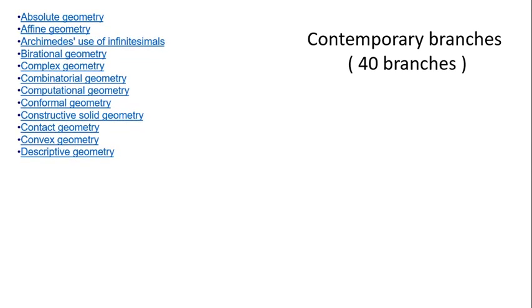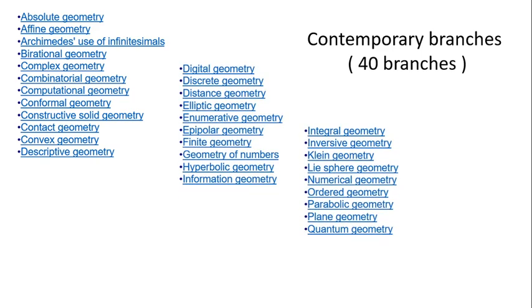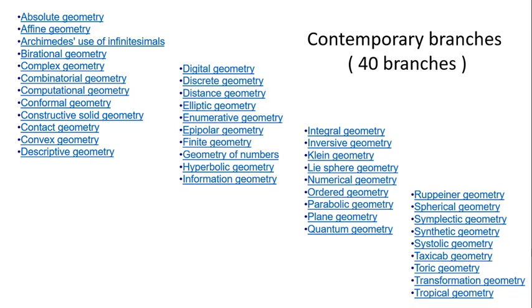So here is a very big list arranged in alphabetical order. Many branches are there. Since you are IIT aspiring students, I think some of you may take this as one of your research projects in your future.